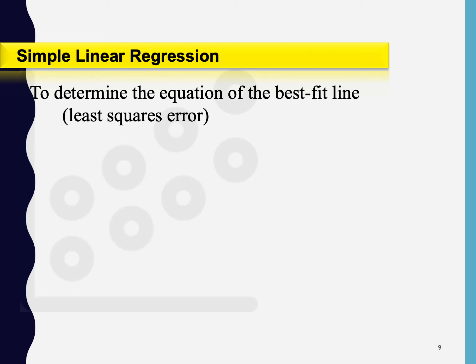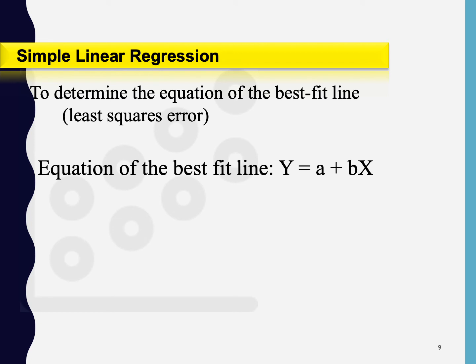Now, simple linear regression gives us an idea or a forecast of a certain value. To determine that, we first have to find the equation of the best fit line, or the least squares line.